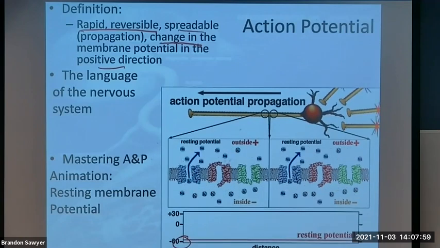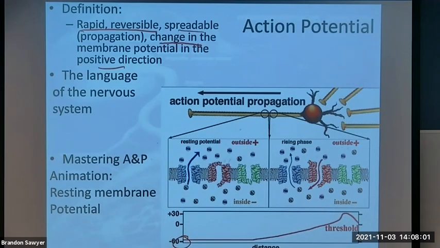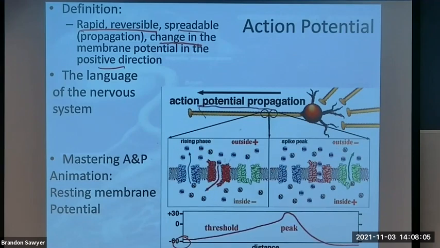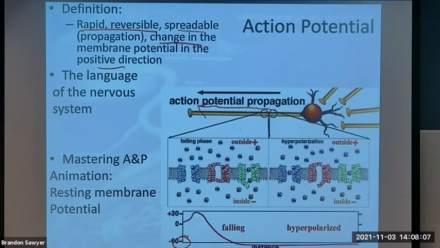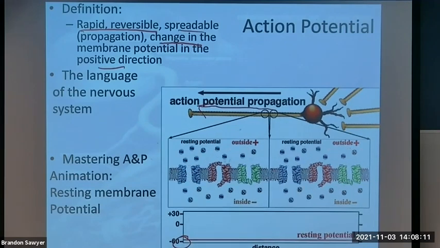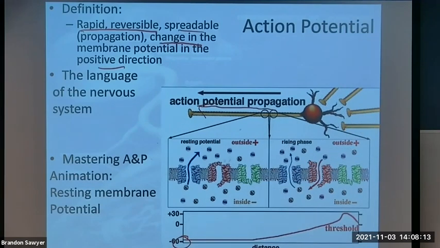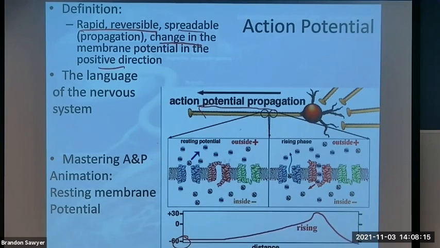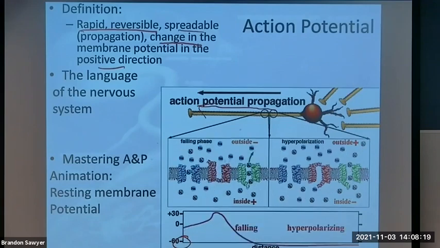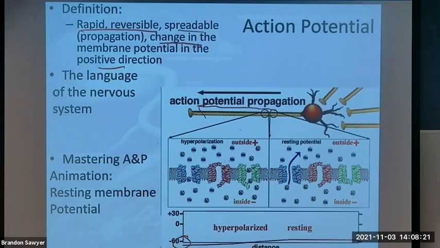That's called depolarization. And that spreads down an axon towards the target tissue. We'll come back to this and talk about the details of what causes this action potential. But for now, know of it as the signal that's spreading rapidly down either a muscle cell or a neuron.